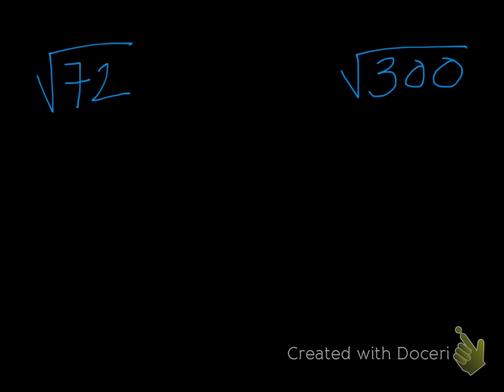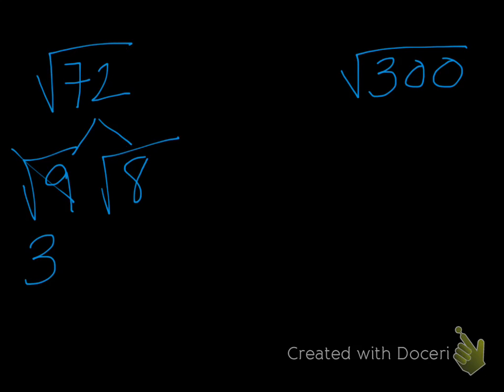All right, for you guys, I'm going to jump right into it. 72, I hope you recognize it. It's 9's timetable, so 9 times 8 is 72. So you think easy breezy, I've got it. The square root of 9 and the square root of 8. Now I know that the square root of 9 is flat out 3. But I don't just jump and say that the answer is 3 root 8, because the square root of 8, I happen to know, can be broken down into the square root of 4 and the square root of 2.